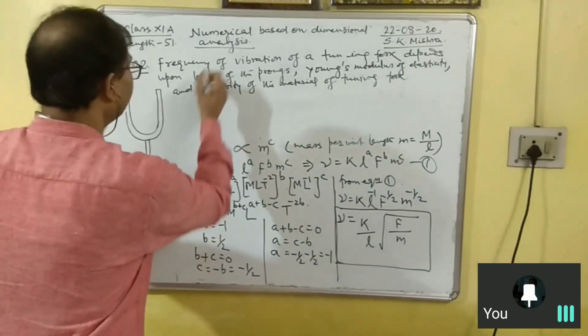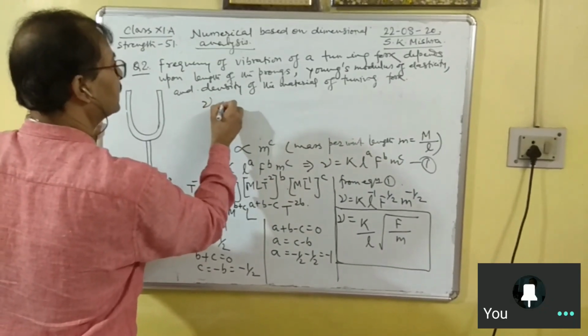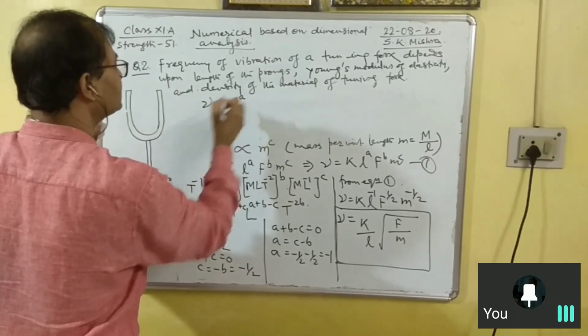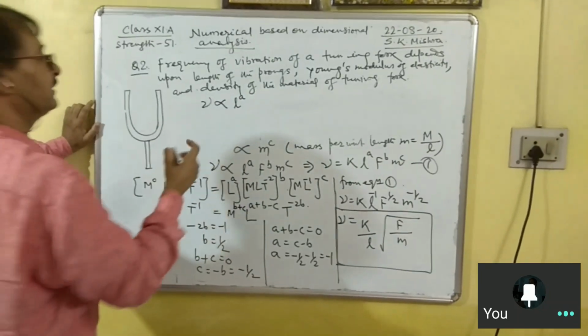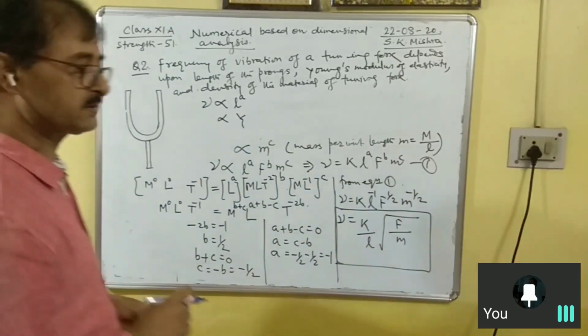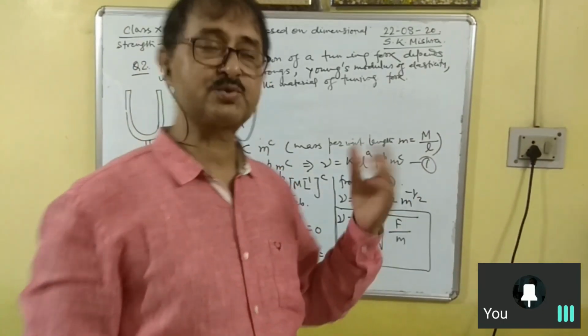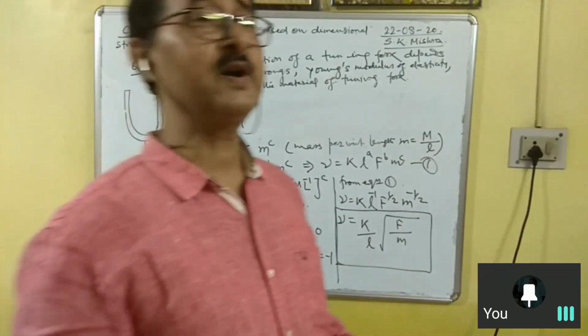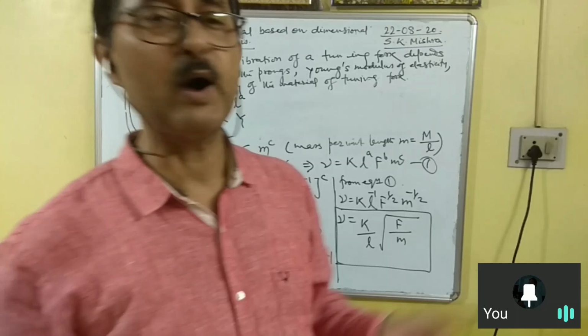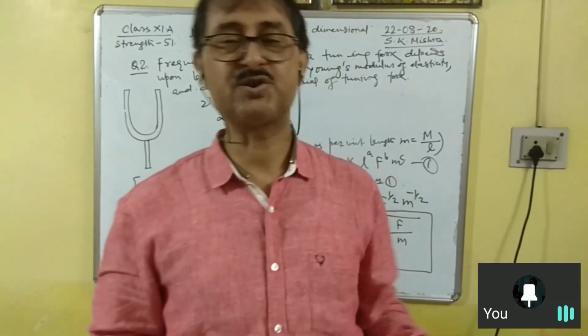So we can write frequency nu depends upon length of the prongs, but dimension is not known to you. Young's modulus, Y. Remember, Young's modulus of elasticity is nothing but stress by strain. A strain has no dimension because strain is change in length by original length. So it is a dimensionless quantity.